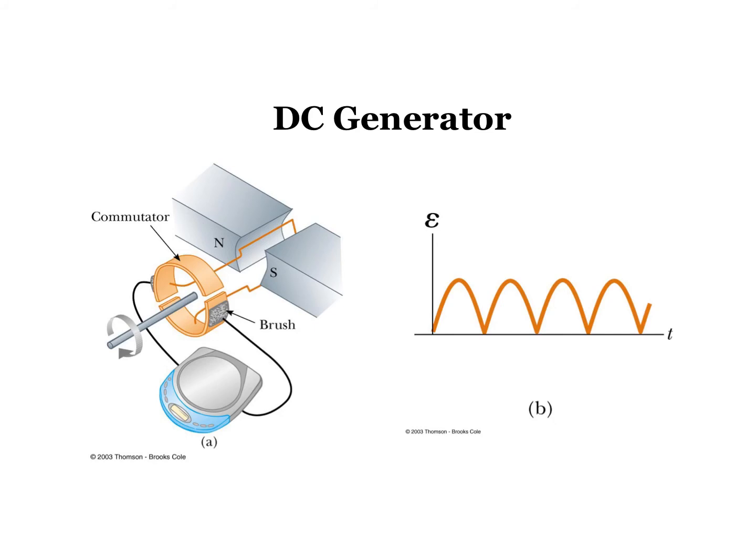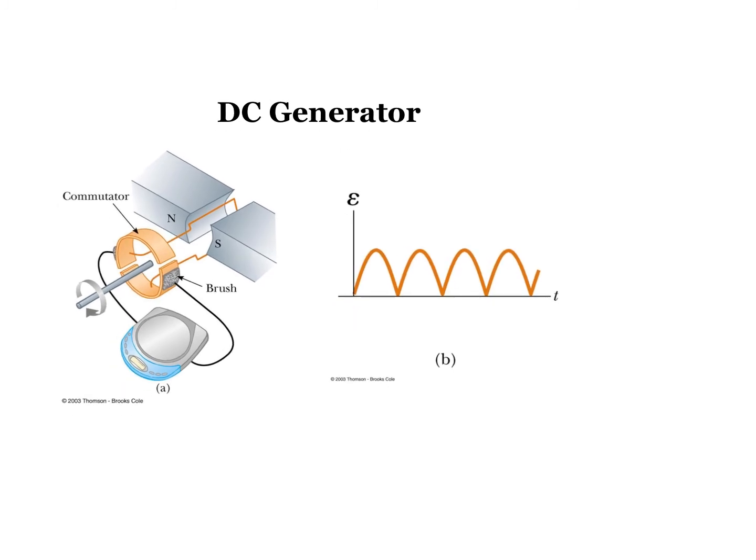Okay, DC generator is very easy. It doesn't change in terms of direction, it's moving in one direction only. So the difference between DC generator and AC generator is in terms of the split ring and slip ring. For the DC generator, the armature is basically connected to only one, we call it a split ring.